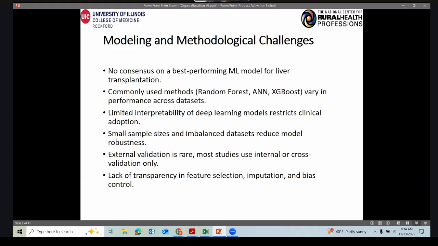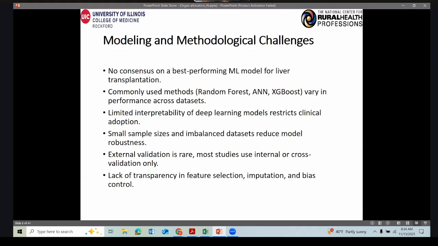Different studies have used methods like random forest, artificial neural networks, and XGBoost, but the results are inconsistent. What works well on one dataset might perform poorly on other datasets, mainly because of variations in data quality, sample size, and pre-processing techniques. So there is no clear consensus yet on which algorithm gives the most reliable predictions.